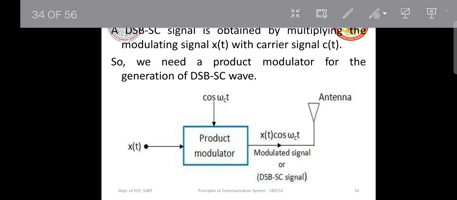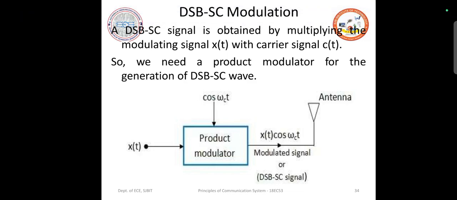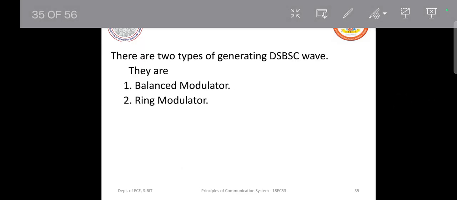So the product modulator output will be X of t into cos of omega ct, in simple words. So when you expand it, assuming a modulating signal to be a single tone, what you get is basically double sideband components. Let's see what are the two different ways of generating the DSBSC wave.